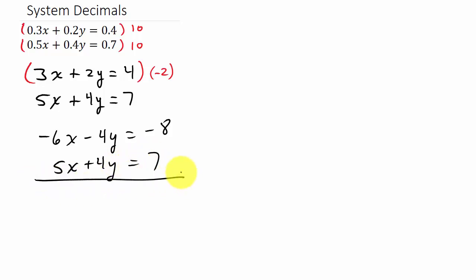Then I add. -6x plus 5x is -x, -4y plus 4y is 0, and that equals -8 plus 7, which is -1. Now I have -x is equal to -1. So I'm going to solve for x by dividing both sides by -1, and that gives me x equals 1.